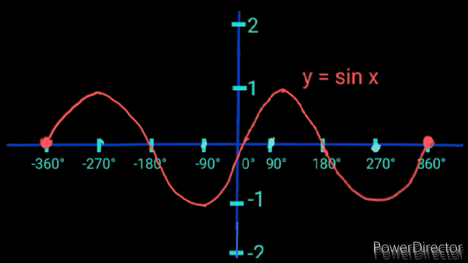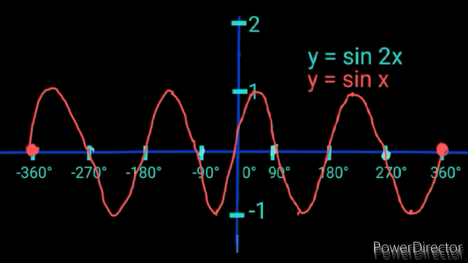For instance, let's manipulate the original graph and let's see what's going to happen if we put 2 in front of x. So if we put 2 in front of x, this is what we're going to have. So this is the graph of y is equals to sine 2x. So notice, the weird part about it is that we put 2, but it didn't become 2 times wider. It instead became 2 times thinner. So this affects the wideness in the opposite direction.